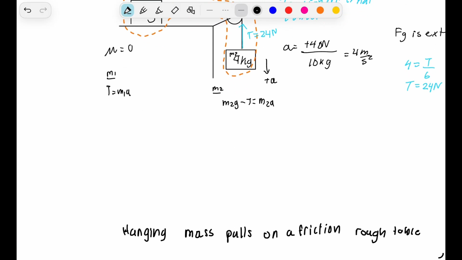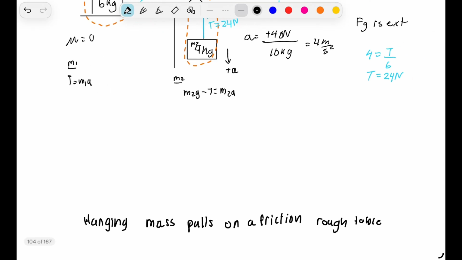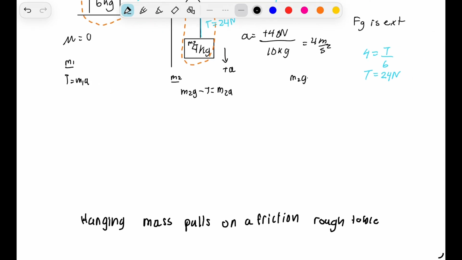So after this, we're going to substitute into our hanging mass equation. We have m2g minus m1a is equal to m2a. So we're solving for acceleration. So now we can find tension as well.